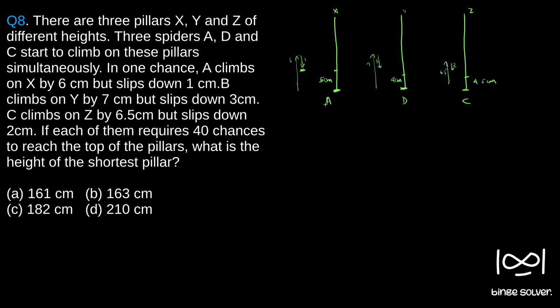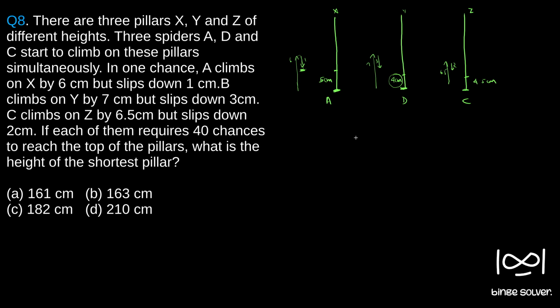Since all the spiders take 40 steps to reach the top, the spider with the smallest effective distance will be climbing the shortest pillar, right? Since the effective distance is small and it took the same number of steps for all three, this has to be the shortest pillar.